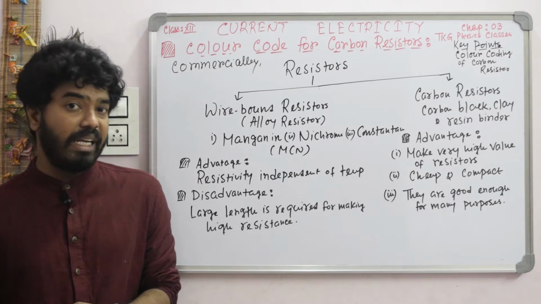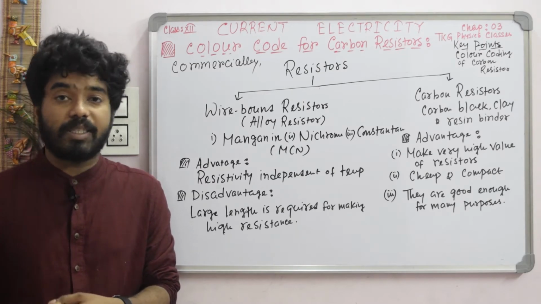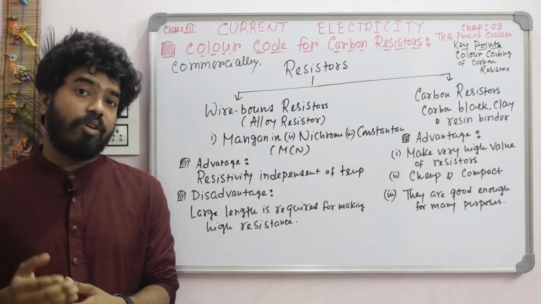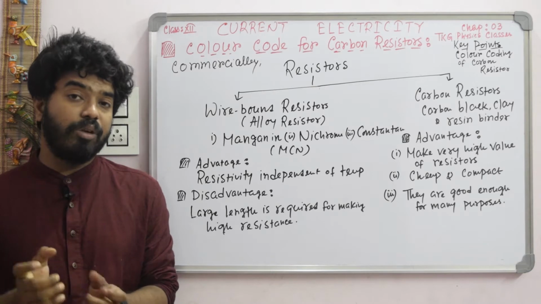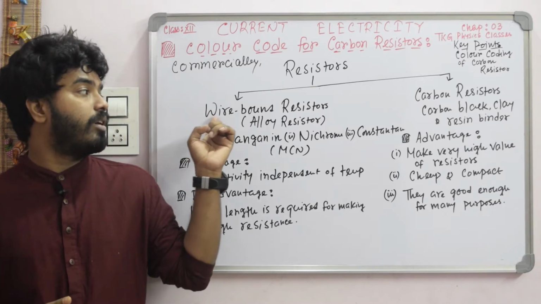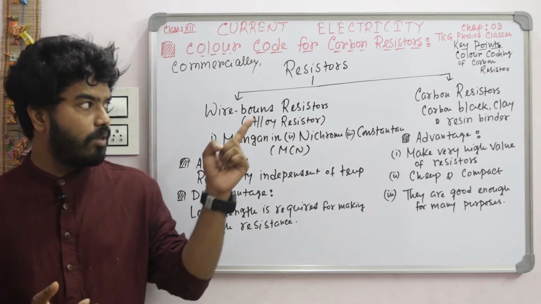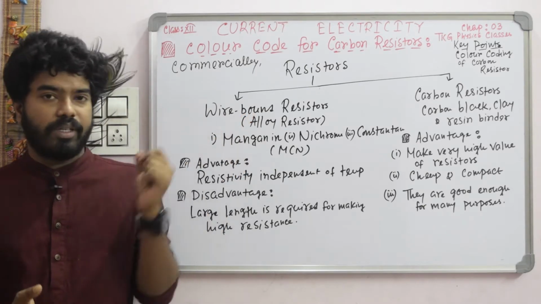So students, mainly for commercial purposes, for example for doing an experiment in your lab, or for making an instrument for scientific purposes, we use two types of resistors. The first one is wire bound resistors, and the second one is carbon resistors. Now the first one, wire bound resistors.